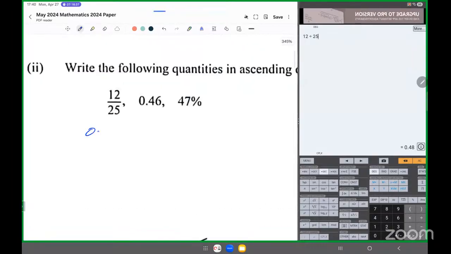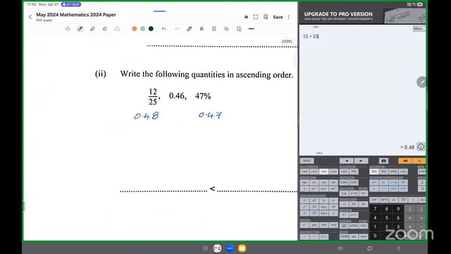This one is still 0.46. And 47% is 0.47, because 47 over 100 is 0.47. So in ascending order, the smallest is 0.46, which is less than the next one, 0.47.